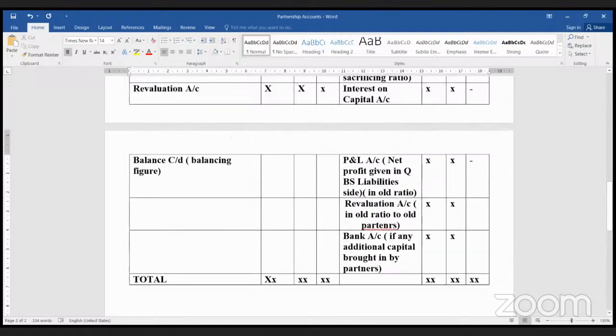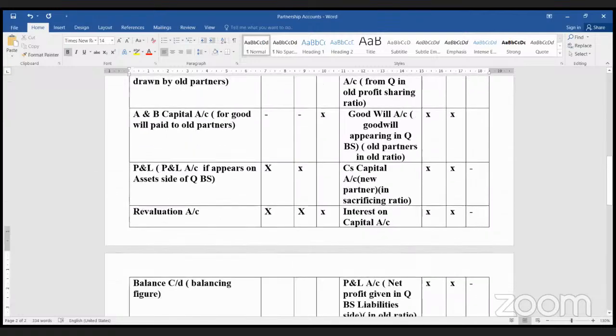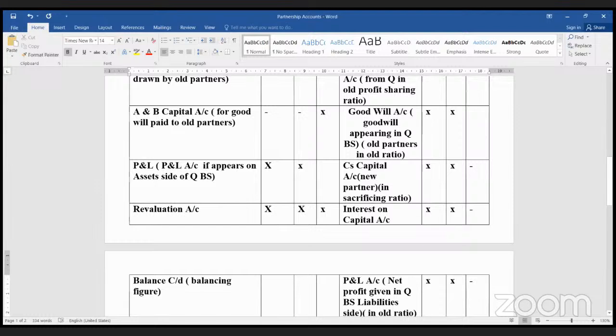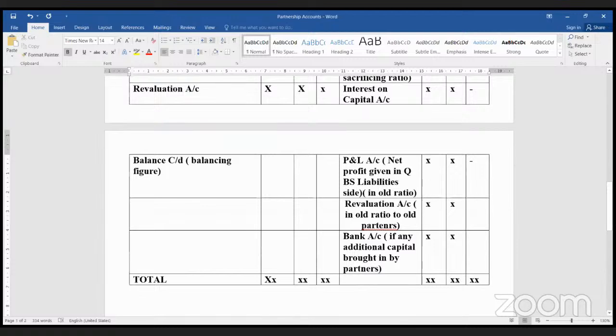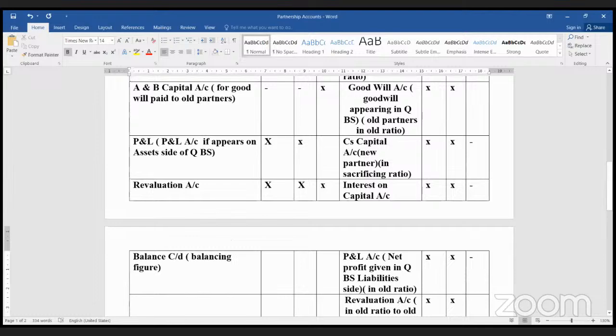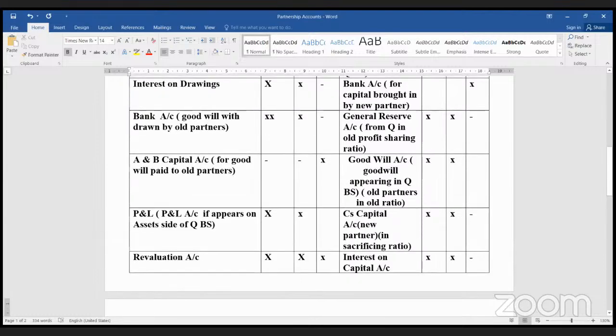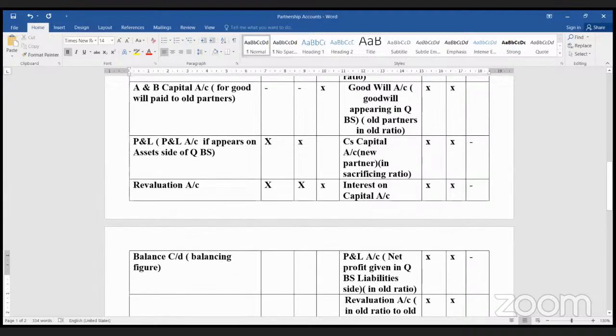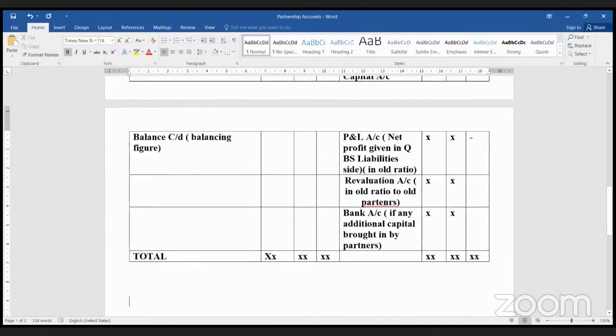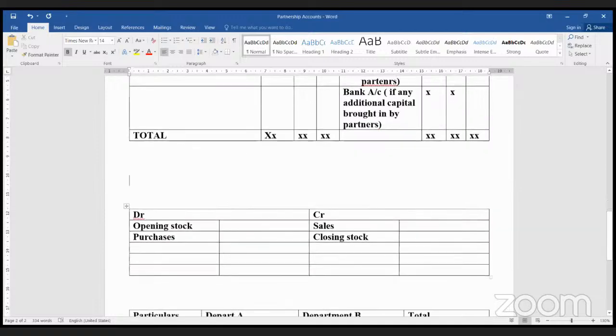But whatever you have taken in the partners' capital account, like goodwill, general reserve, profit and loss account, those again you don't take in the new balance sheet. Even the new partner's capital balances are not to be taken. That's why it's simple to remember: the values that are taken from the question balance sheet to the old partners' capital account should not be repeated in the new balance sheet.